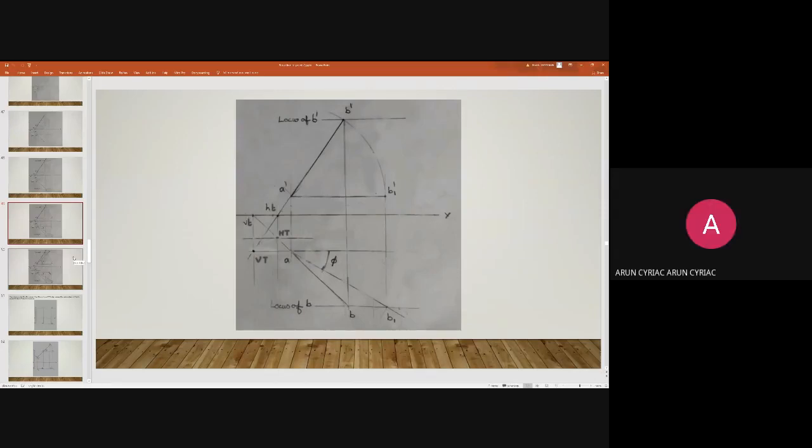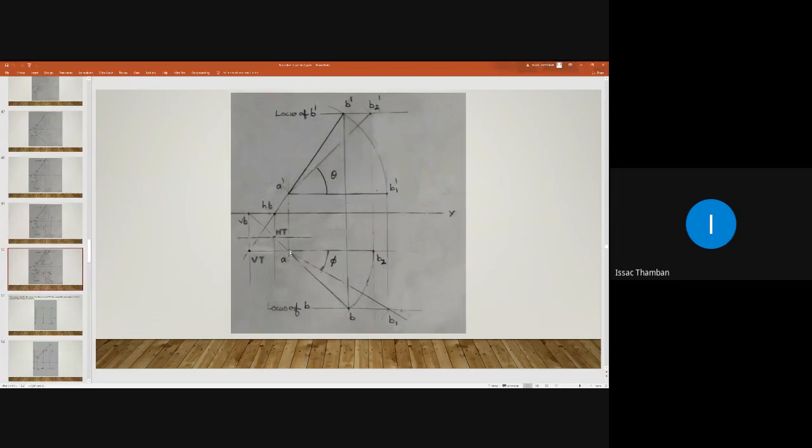Yes, sir. Okay, then what next? Here, this is our line AB. Take radius small ab in your compass, and with A as center, draw an arc and intersect this horizontal line. You can name it as point B2.